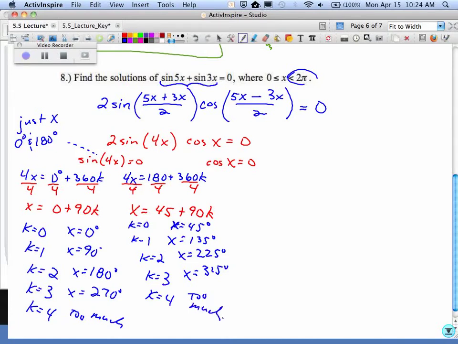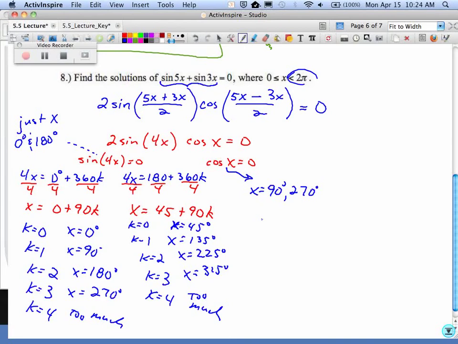What answers do we get from cosine is 0? Top and bottom. That's just a duplicate of these 4, right? 90 and 270 are in this group over here.